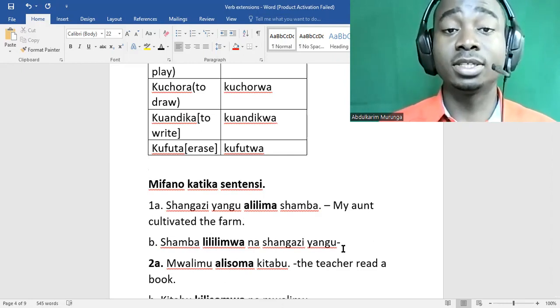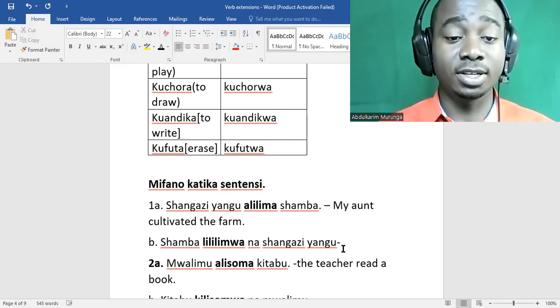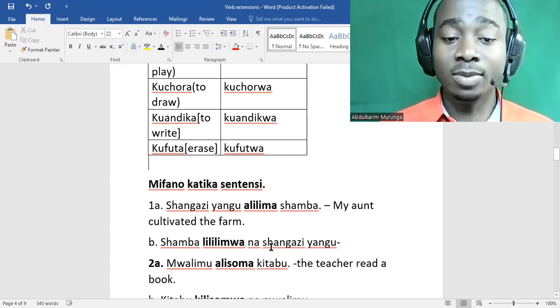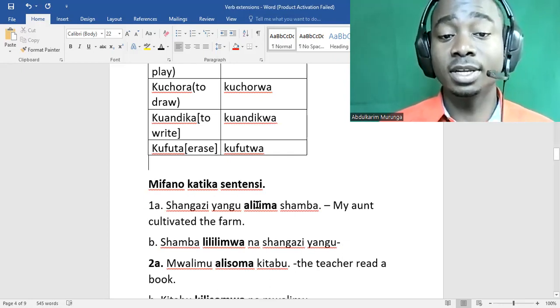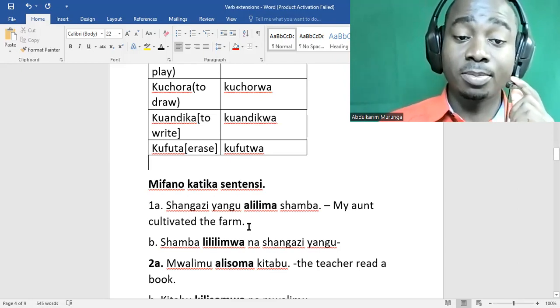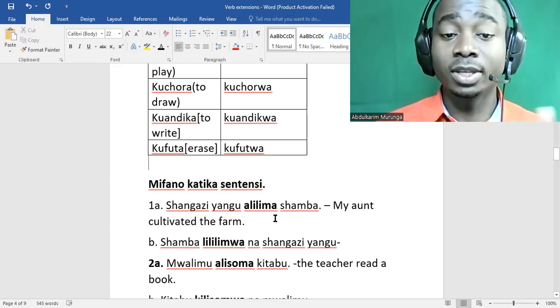Shangazi is aunt from the father's side. This sentence is in the past tense. Shangazi yangu alilima shamba.